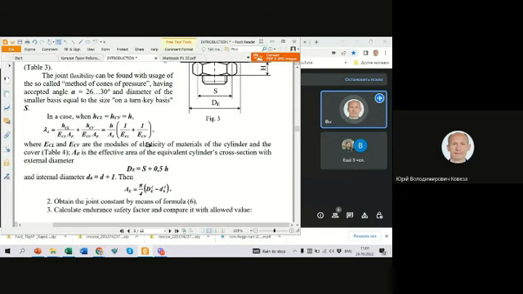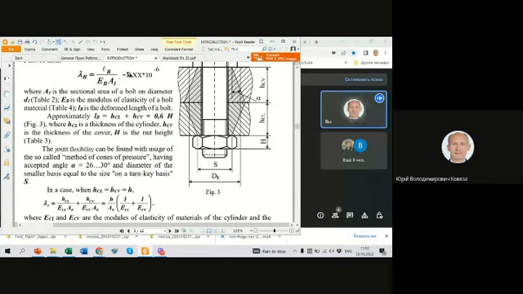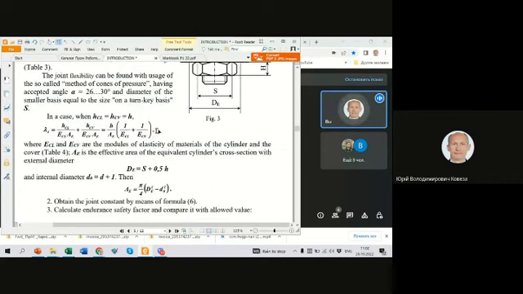And lambda joint is less than lambda bolt. If lambda bolt is something times 10 minus 6, here it should be less, maybe not less, maybe 1, 2, but less than lambda joint.